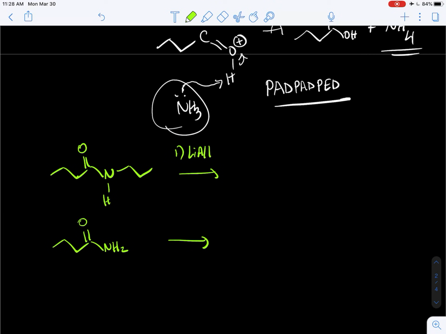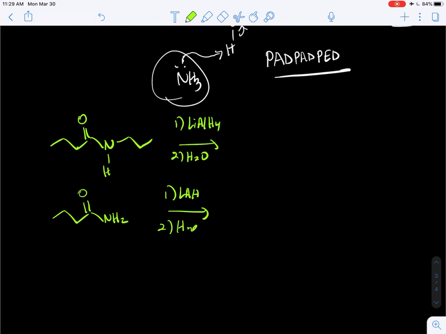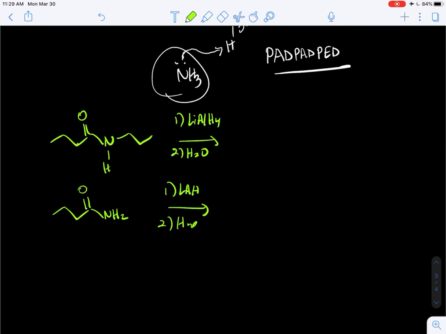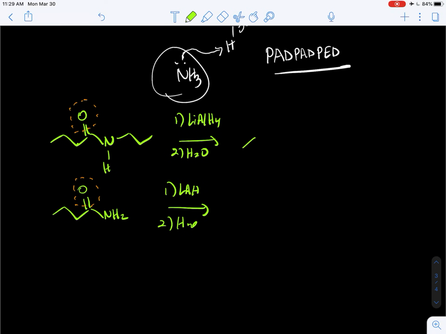Amides are very unreactive, so they basically only react with lithium aluminum hydride and water, or LAH and H2O, as we like to abbreviate lithium aluminum hydride. And to draw the reaction products, you basically just want to erase the carbon-oxygen double bond. So we would draw the products here like this.